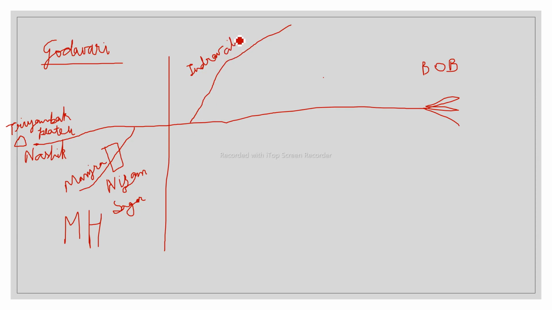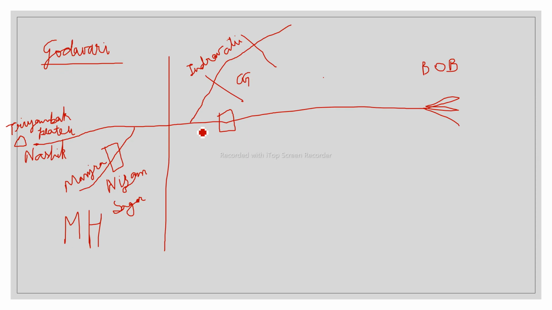Now this Indravati is going to join Godavari, and after that there is a dam here. Also this Indravati is going from Odisha to Chhattisgarh, and then it is going to enter here.